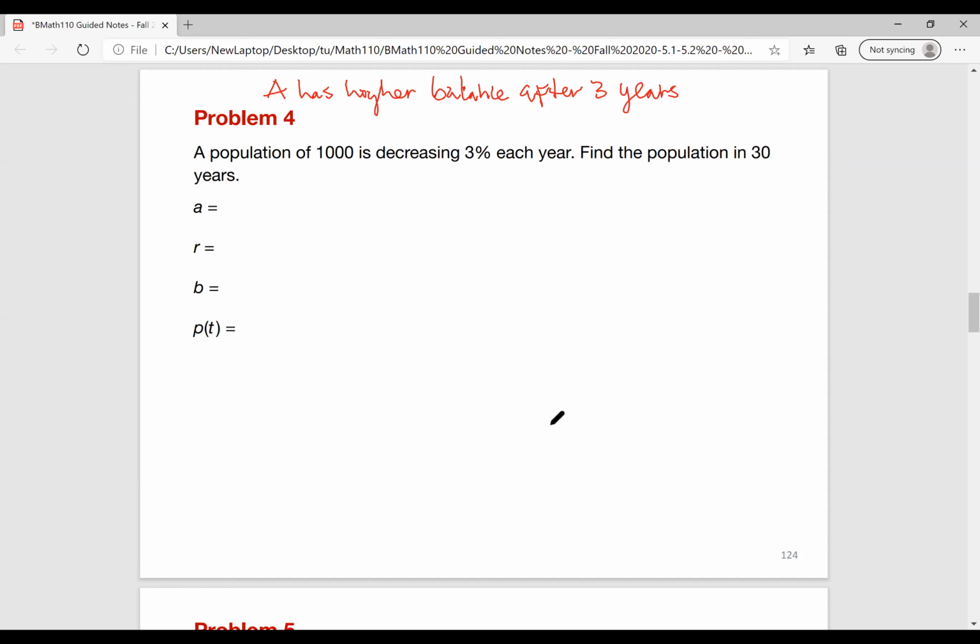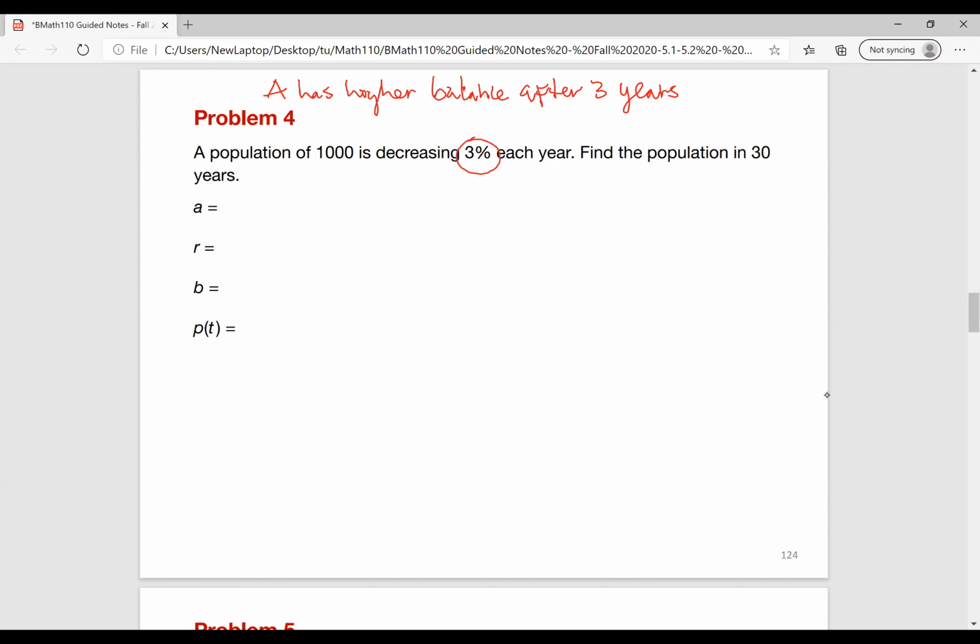Okay, so in this problem, we need to talk about the population, and also the decreasing rate is 3%, right?